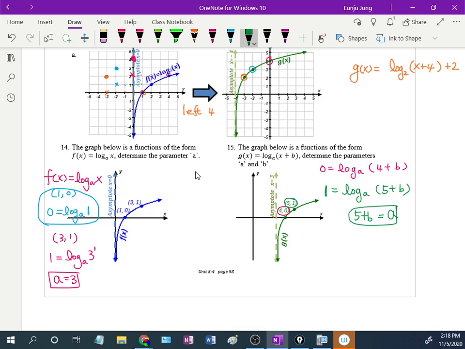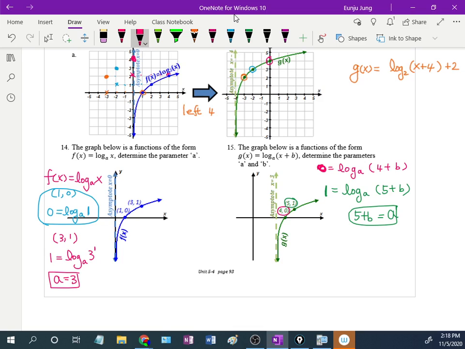That means I need to know either one of the answers, right? So let's go back to the first equation here. Can I get the 0 value? When I have 0 for the logarithm, what is the value of the argument?